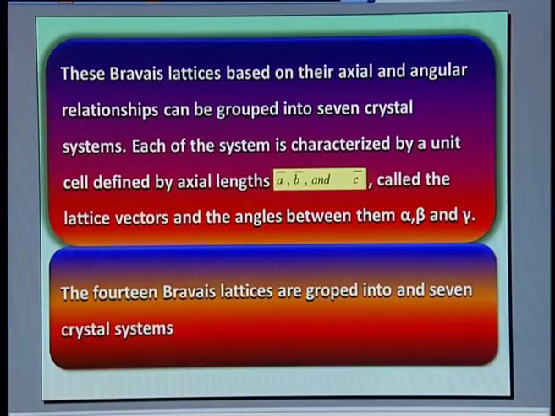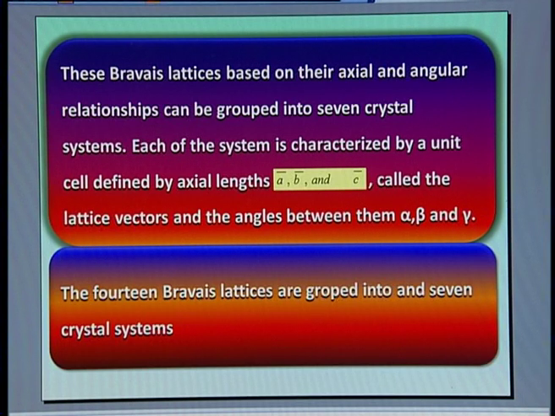So these 14 independent ways of arranging lattice points will have 14 different unit cells, and each unit cell is characterized by A, B, C values and alpha, beta, gamma. So these 14 Bravais lattices will have different values for A, B, C and alpha, beta, gamma.